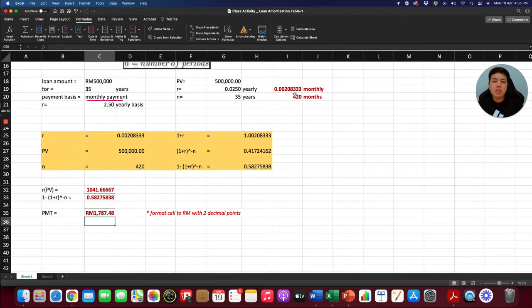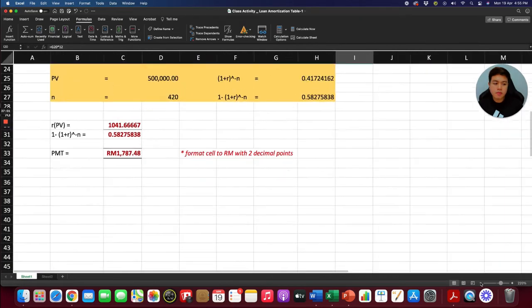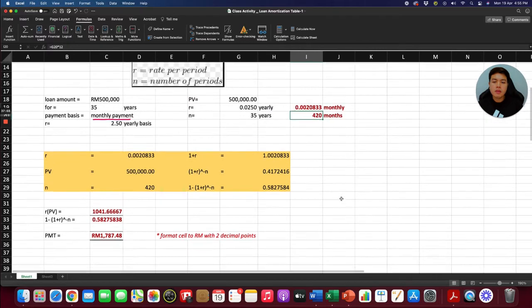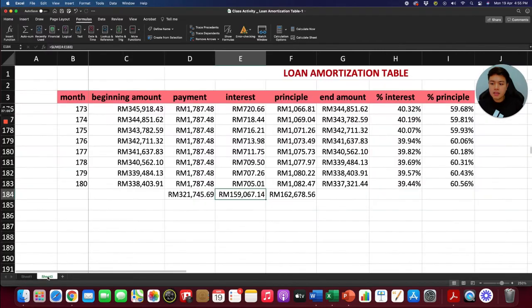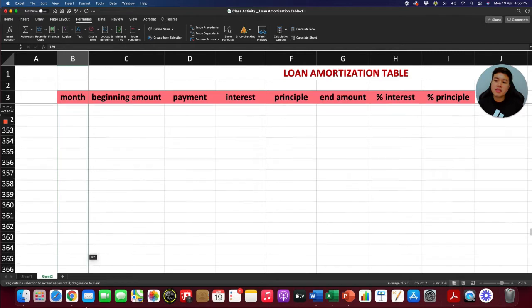But now you need to make it for 420 months, no longer 180 months. So what you need to do is add on until 420 months. Let us do until 420 months.